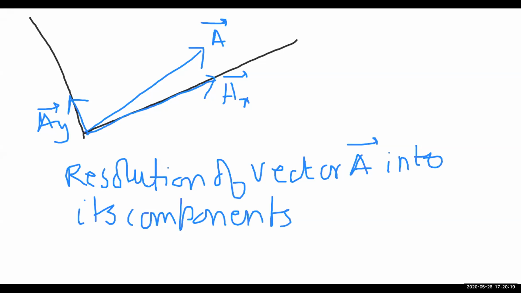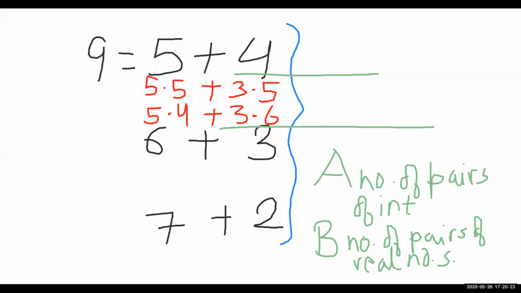And unlike the real world and the practical world, where we do not like to express a number as the sum of two other numbers, right? So somebody asks you your age, then definitely you are not going to say my age is 10 plus 6. You are going to say 16, right?